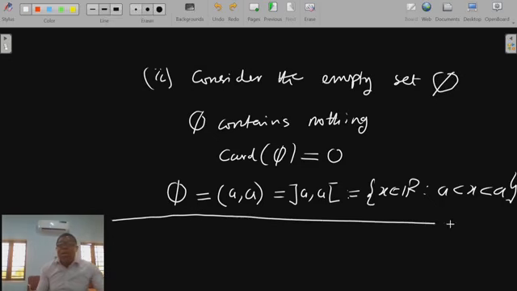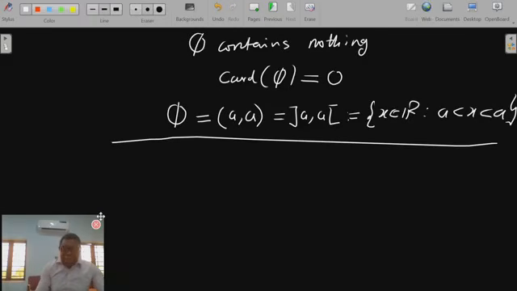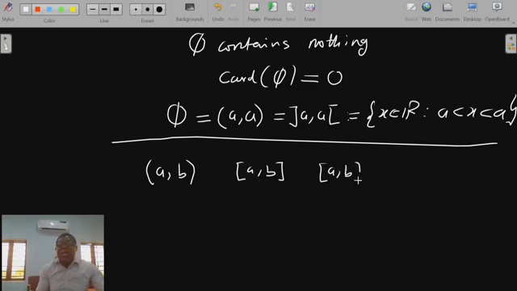If we now recall the ones I talked about above, for instance, the open bounded interval (A, B) and the closed bounded interval [A, B], these intervals, I want to make some remarks on them.